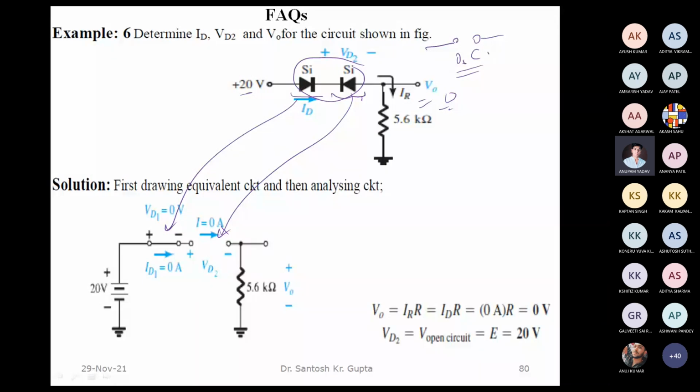Because there is no current, there is no voltage drop across the resistance as well, and one can get the output voltage to be equal to 0. So no analysis needs to be done over here. The only thing we have to see is whether any of the diodes are off or not.